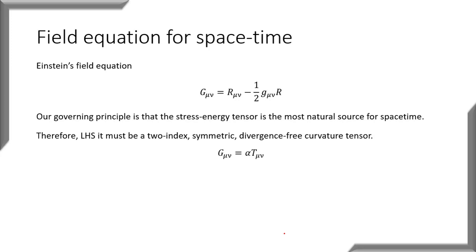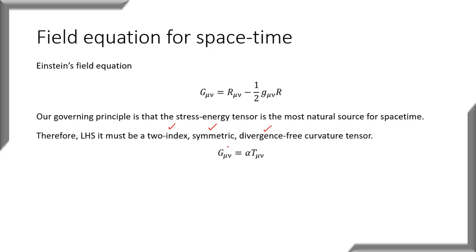We have already made our Riemannian curvature tensor 2-index by tracing it, tested it for symmetries and found that it is symmetric. And also our Ricci tensor is divergence free using our 4th symmetry.